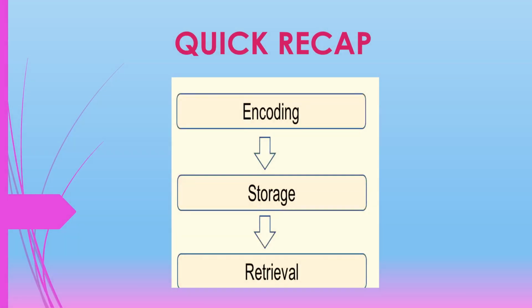Now let's have a quick recap on what we have learned. We have learned the stages of the memory process: encoding, storage, and retrieval. The information comes, it is processed and then stored in the memory, and then the stored information is recalled. These 3 stages, encoding, storage, and retrieval, are not isolated.